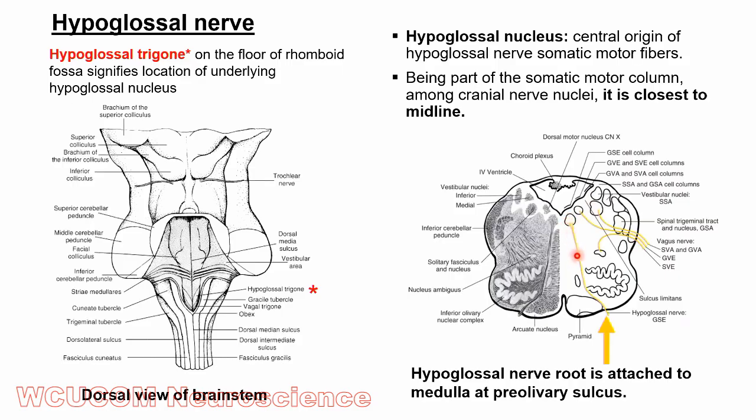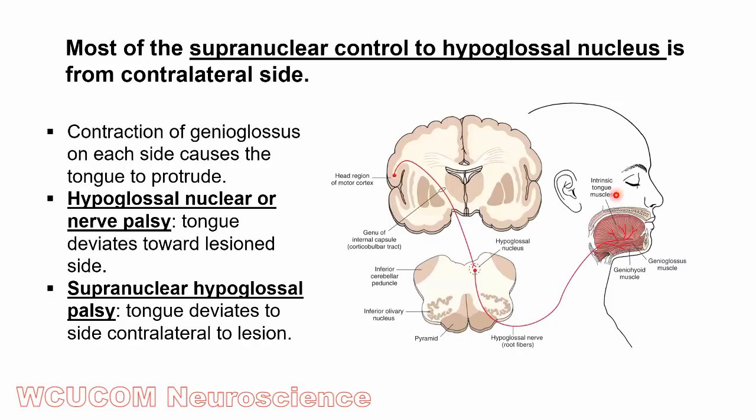And there will be a vascular territory associated with this, sort of like this, and another one that we'll address at the end of the course. And there we're going to be talking about lesion signs and that sort of business. But keeping in mind that most of the supranuclear control to hypoglossal nucleus is coming from the contralateral side.